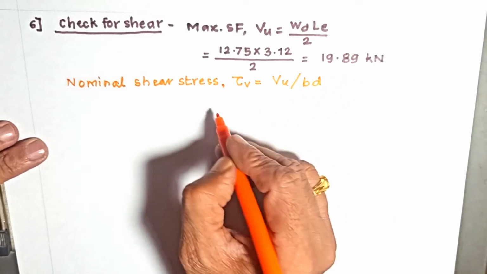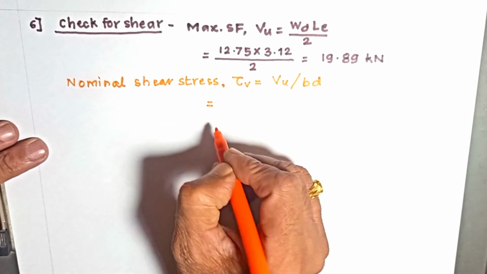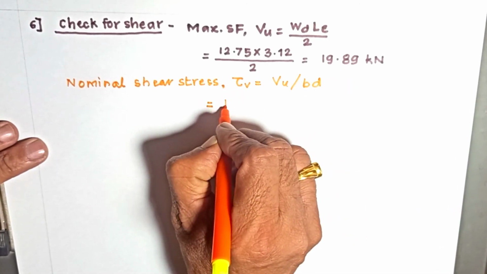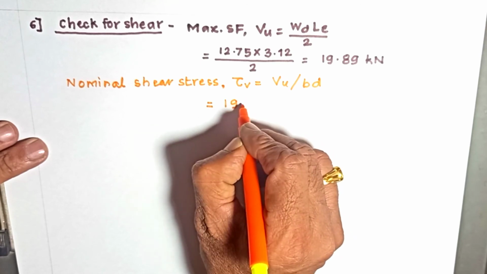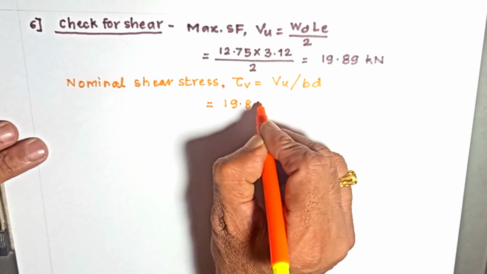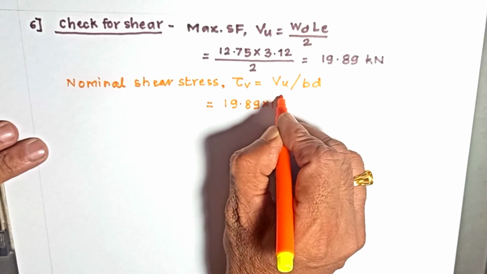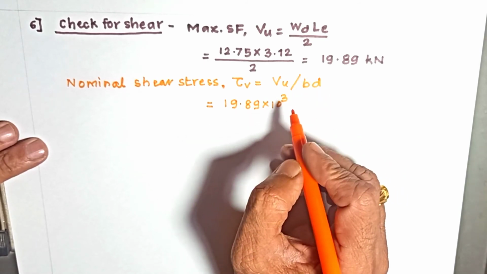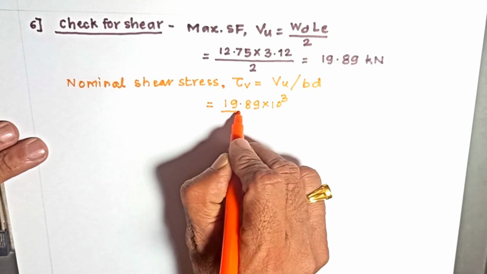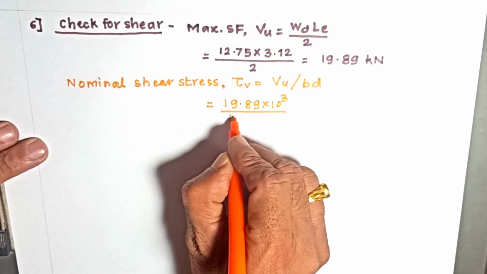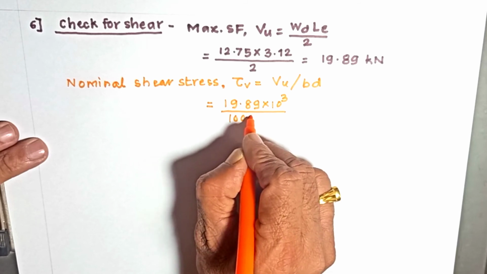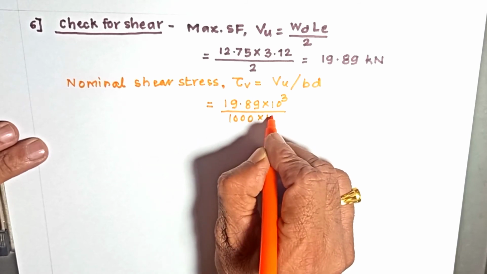Okay, so we will substitute the value of VU, 19.89. This is kilonewton, so into 10 raised to 3 will be Newton. Divided by B is 1000 and D is 120.